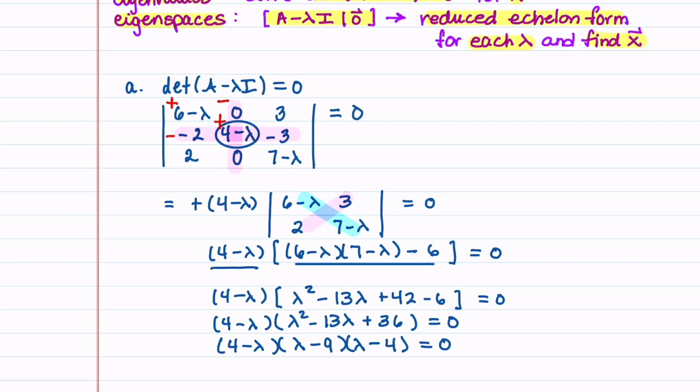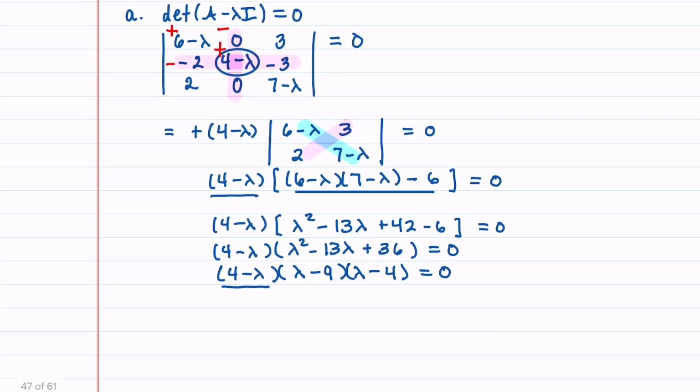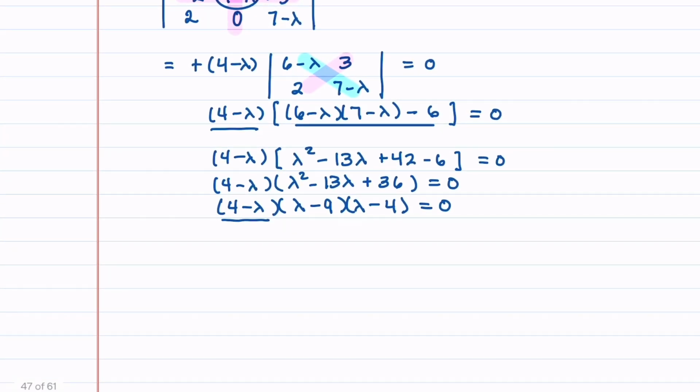And see what happened: by holding on to this term, we ended up factoring the entire cubic equation. This gives us eigenvalues of lambda is 9 and 4 and 4. Sometimes you can also write this as lambda is equal to 9, 4, and then in parentheses, you can write down multiplicity 2. Either way is usually fine.